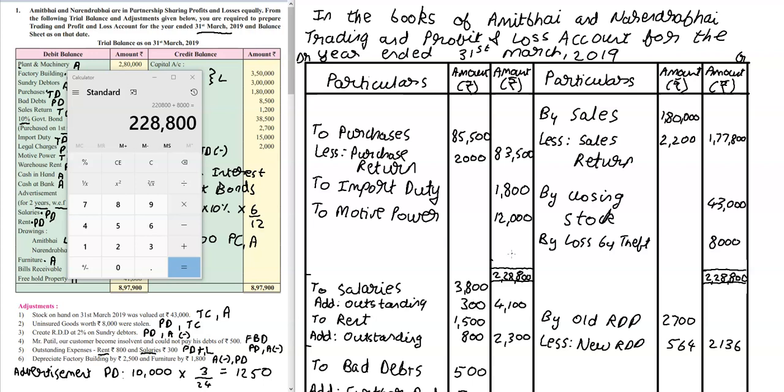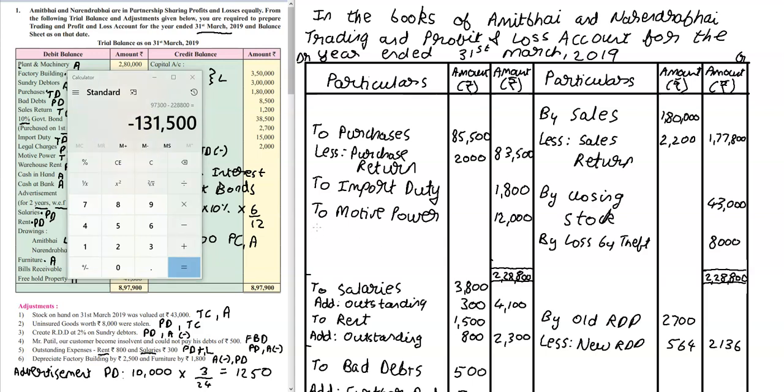Now, after having done that, I'm going to add up the numbers on the debit side and then subtract. We have 83,500, 1,800, and 12,000. Now, subtract. And we end up with 1,31,500.